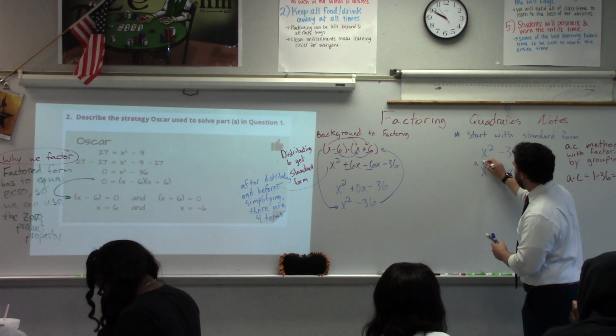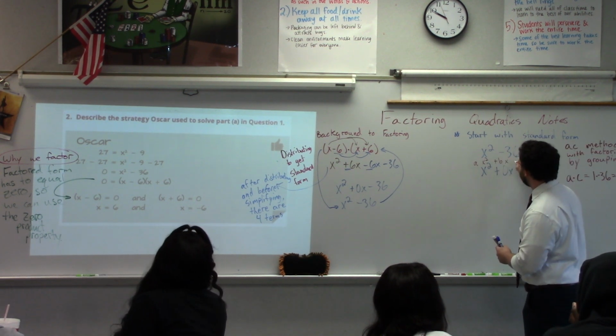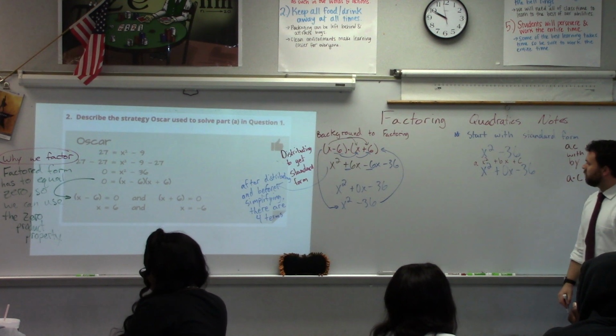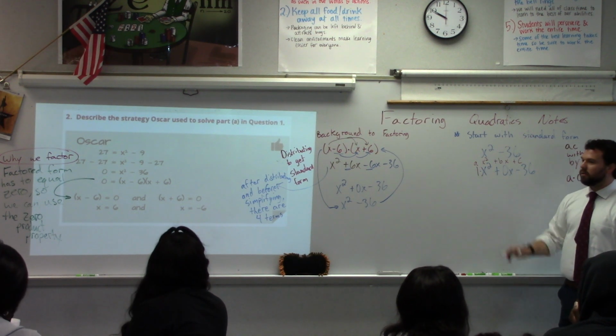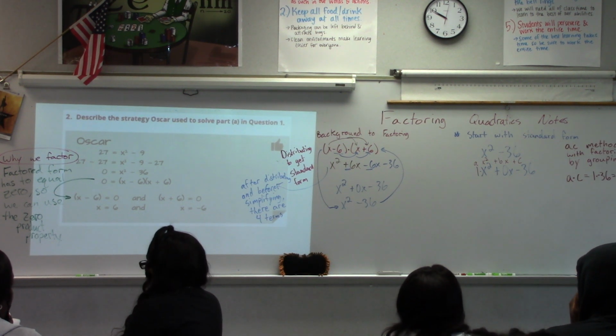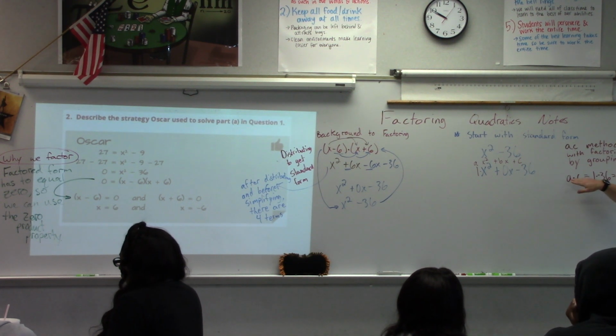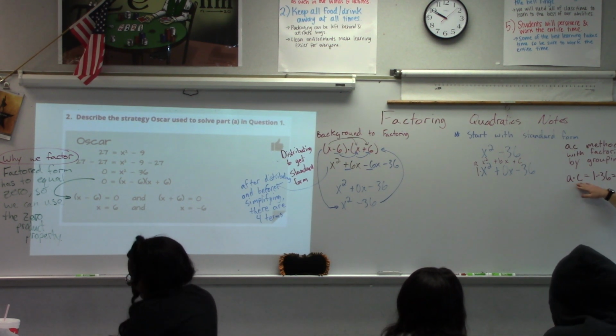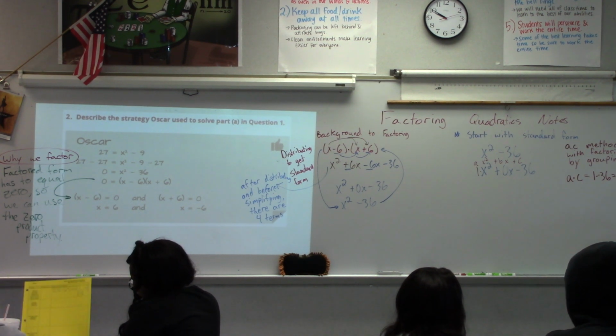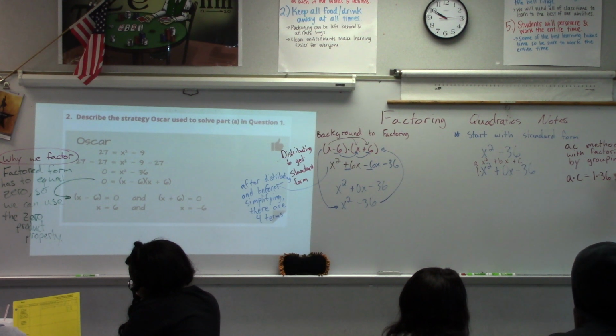Ax squared plus bx plus c. So A is an understood 1. And so when we call it the AC method, it's because literally A is being multiplied by C. You good with that, Jesus? Okay. So 1 times negative 36, which is negative 36.